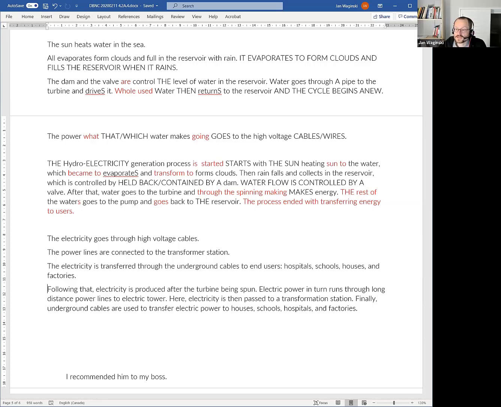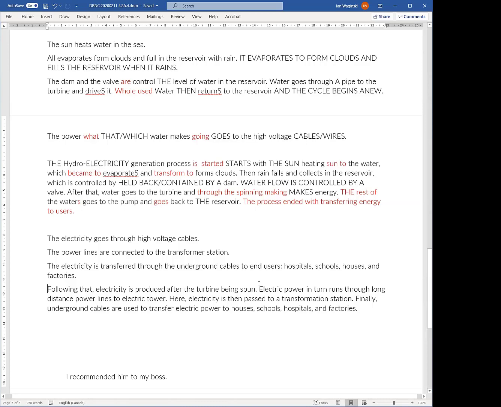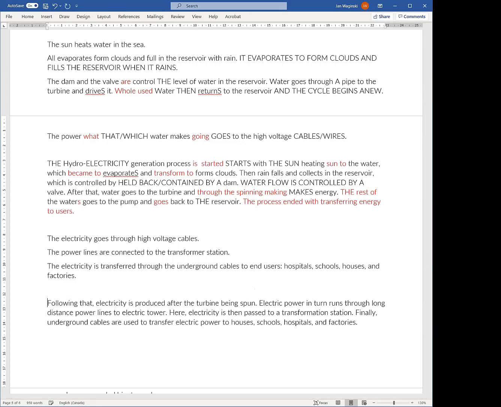Okay, I'm a little confused because in the one that we did, you end by saying the cycle begins anew. Yes. Okay, because I did not say that when the turbine spins, electricity is produced. I said the water returns back, so this is why I said here, I repeated this one: electricity is produced after the turbine being spun. Okay, we can take this one, but what will we put here? No need to put anything.